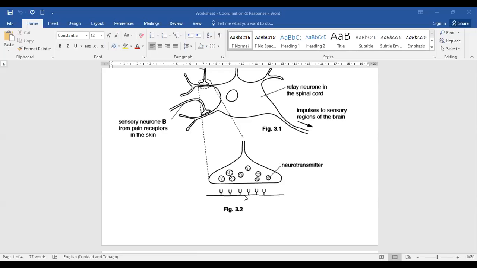So we want to make sure that the impulses are only transmitted in one direction. How is it that the structure of the synapse allows for that? What about the way in which they are lined up?